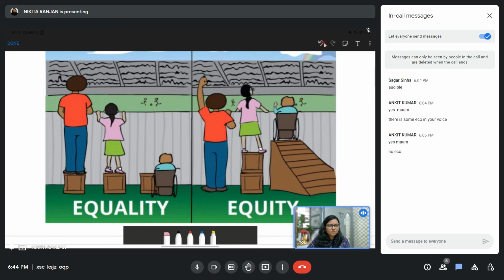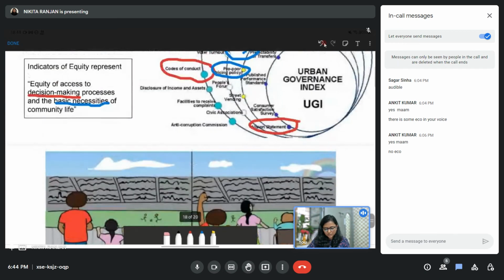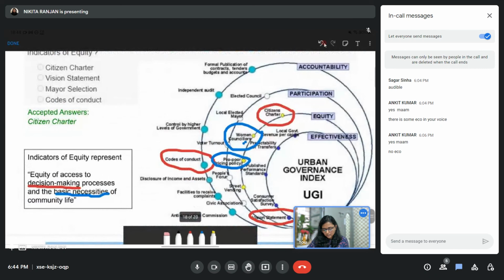It might seem like special treatment for the weaker or vulnerable sections of society, but it is a step towards equity, which ensures that these different sections have equitable access to the basic needs, necessities and services which other people in the city or system have. So that is what we mean by equity here.